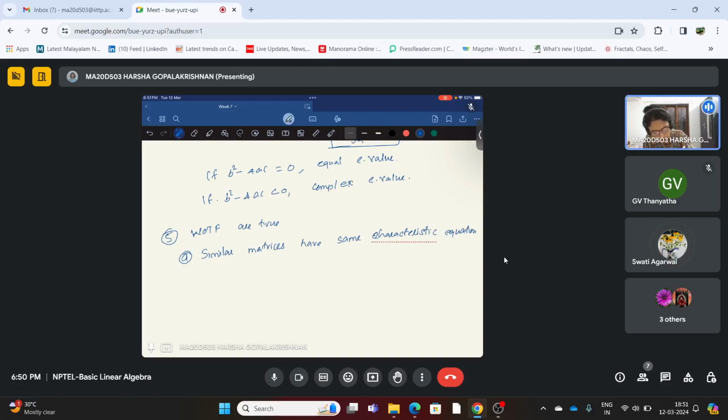The second one is: if A and B are two matrices that have the same characteristic equation, they are similar. And the third is: similar matrices have the same eigenvalues.